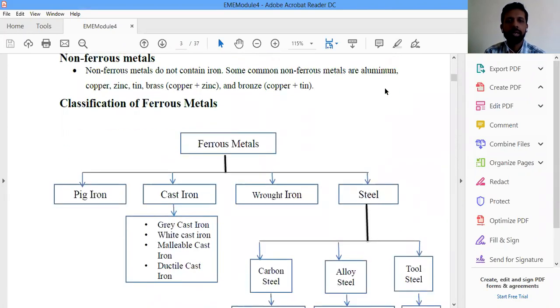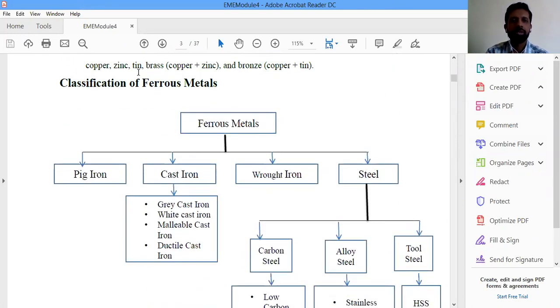So now let us go through this in a proper manner, so that we understand the classification of ferrous metals. For ferrous metals, we get the iron from the iron ore, right? That is called the pig iron that we get. And then that can be further classified as cast iron, based on the carbon content and other contents in it.